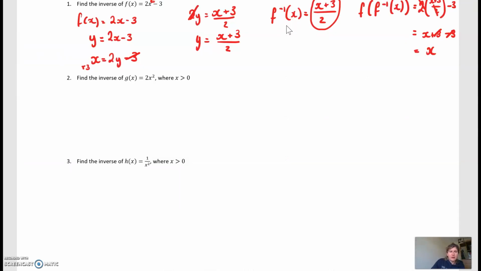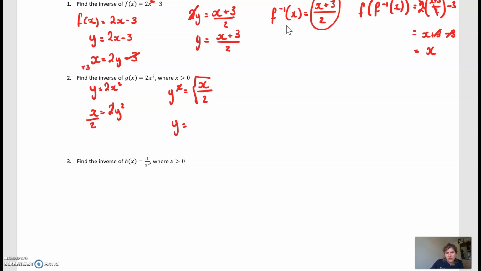Okay, so we're going to go back here. Same thing again. I'm going to let y equal 2x squared. Then I'm going to flip around the x and the y's. So I'm going to say x equals 2y squared. Then I'm going to divide through by 2. So y squared equals x on 2, x divided by 2. And then lastly, I'm going to take the square root of my whole function.